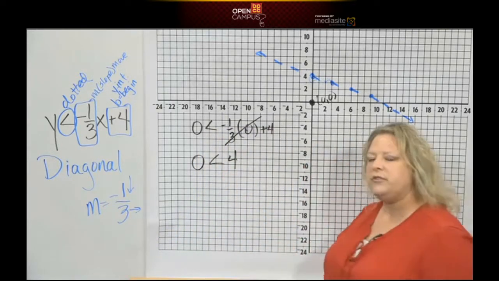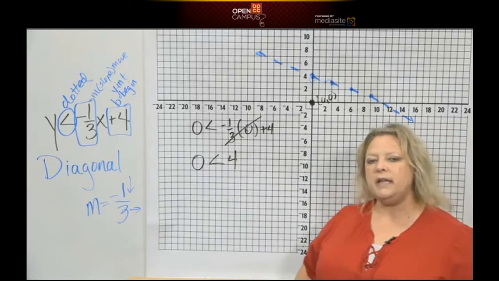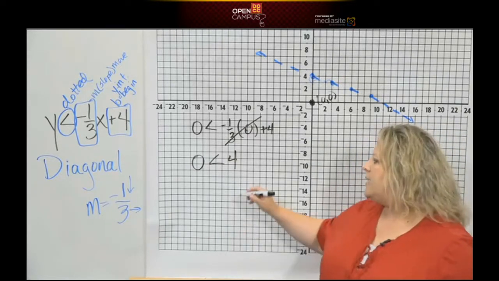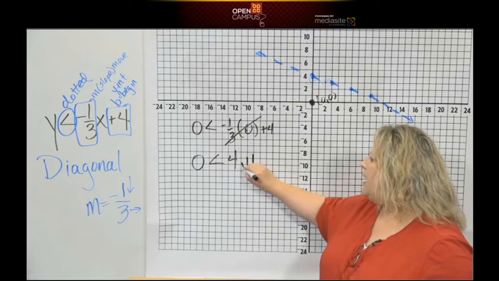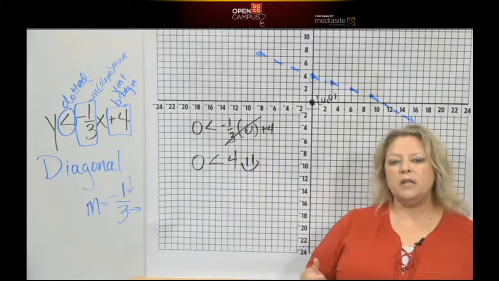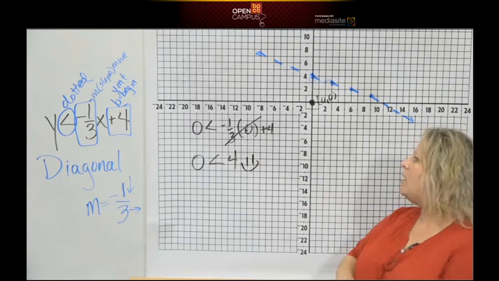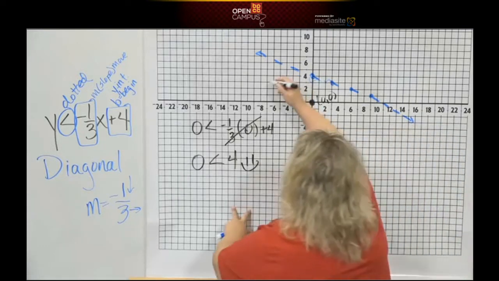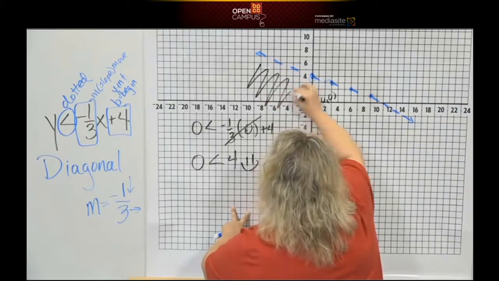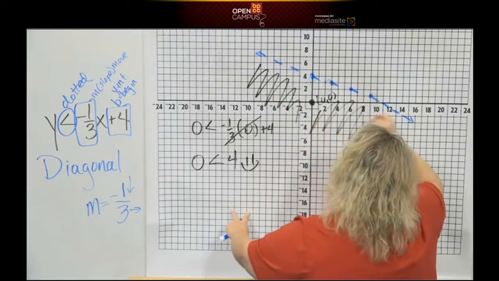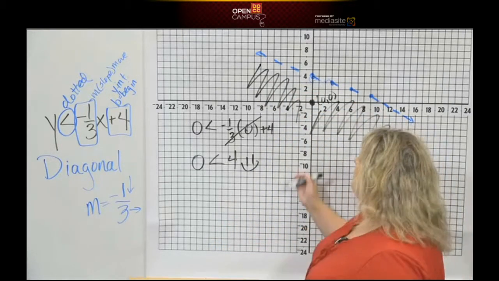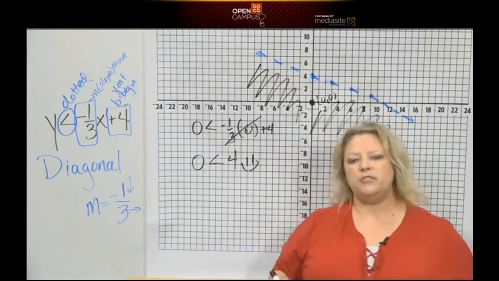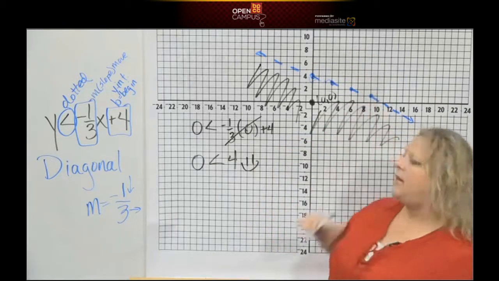Now, is that a true statement? Is 0 really less than 4? Yes, it is. Yay. Since it really is less than 4, then this test point that I picked out is true. So since it's true, I'm going to shade here below this line. If it would have come out false, then I would have shaded on the opposite side, okay?